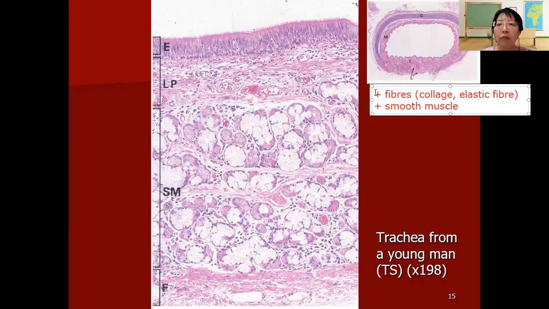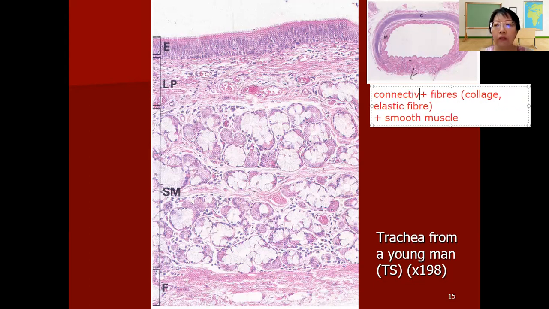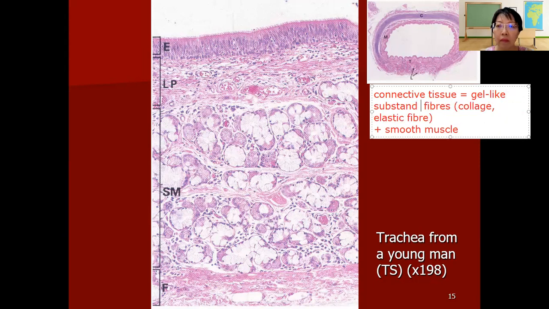All of them are found inside the connective tissue. So it will contain gel-like substance plus fibers: collagen fibers, elastic fibers, and smooth muscle cells.